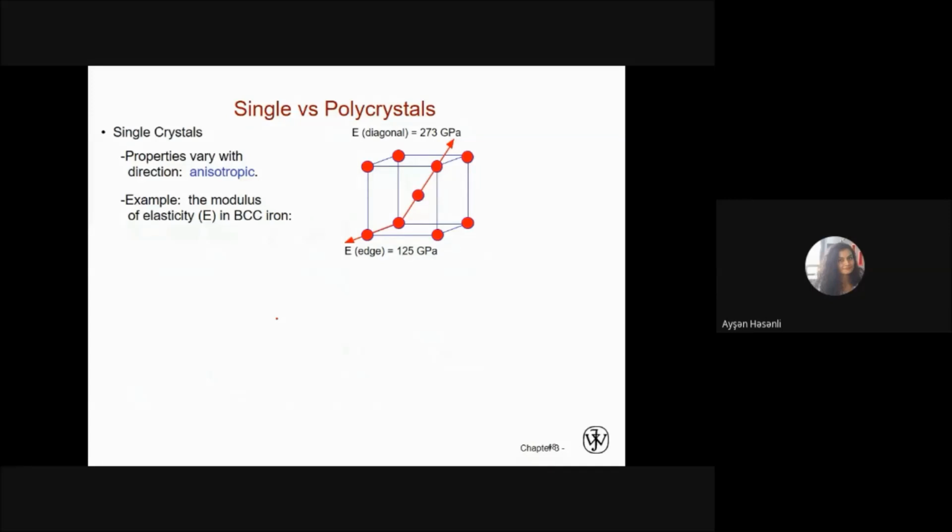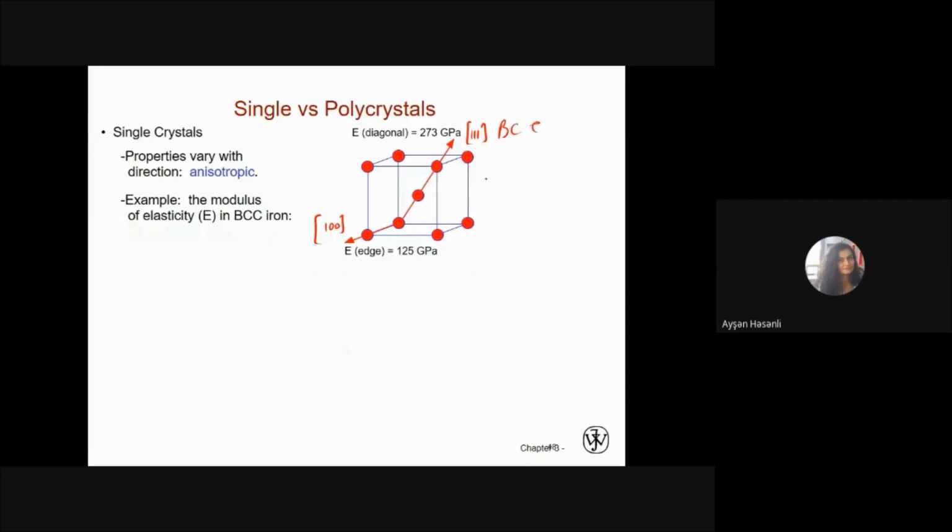So let's continue. Single crystals versus polycrystals. Here I have a BCC crystal structure, and two directions are given. This one is the 100 direction, and this one the 111 direction. You can see the atomic arrangement. I have 2 here, 3 over here.